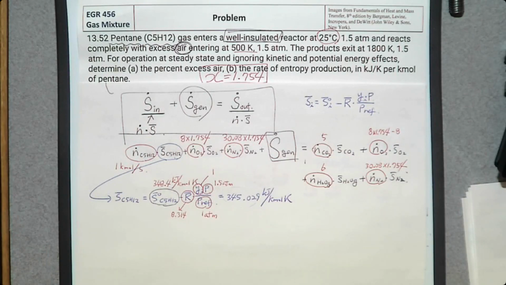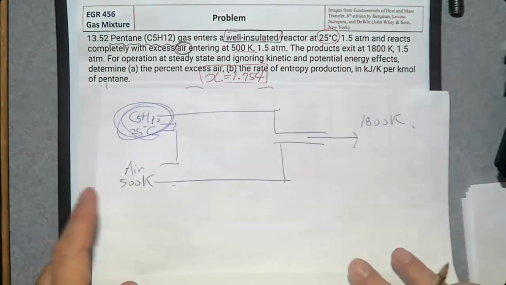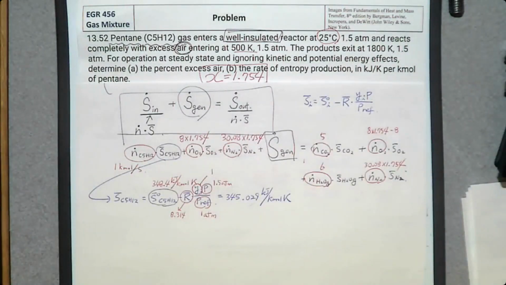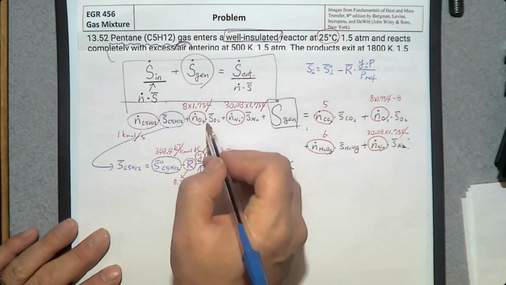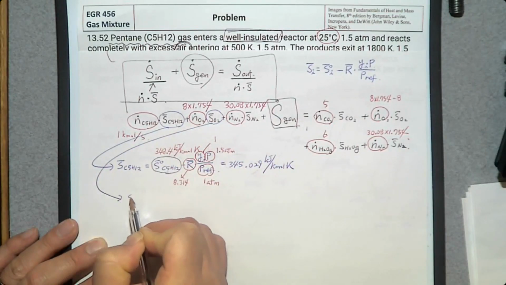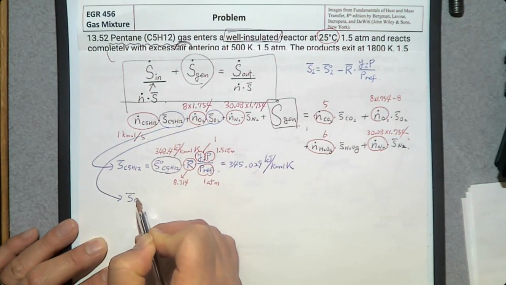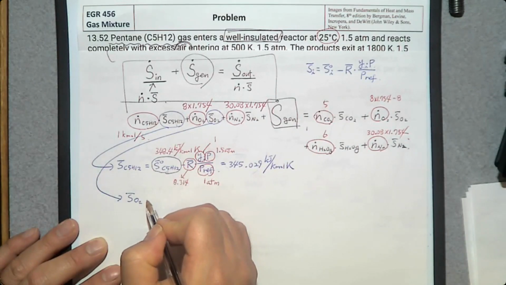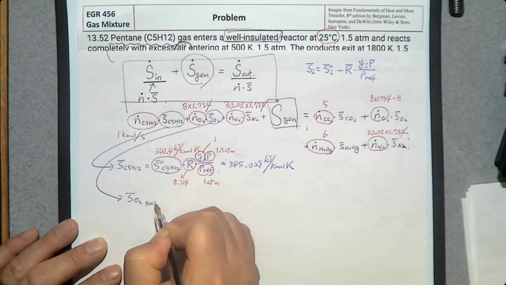Now let's talk about the other inlet. The other inlet is at 500 Kelvin. We have air. So let's talk about this one. S bar of oxygen, and what is the temperature? 500 Kelvin.